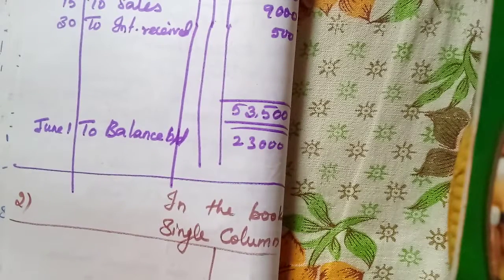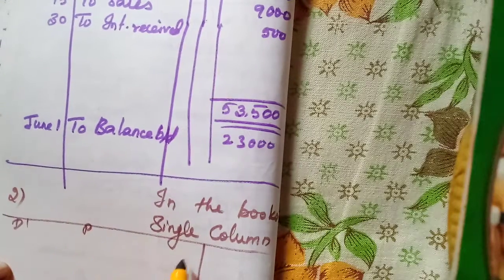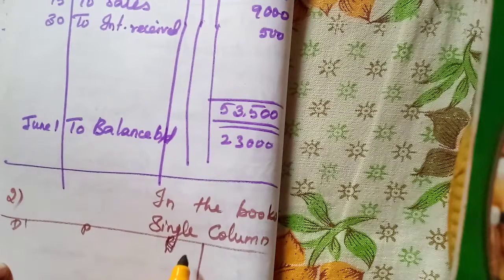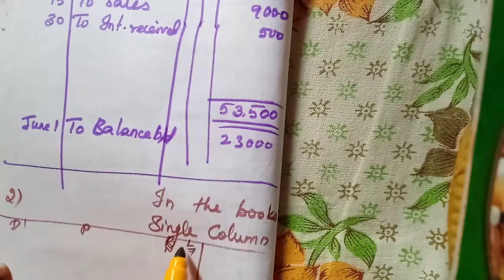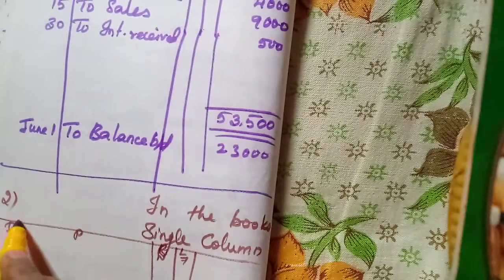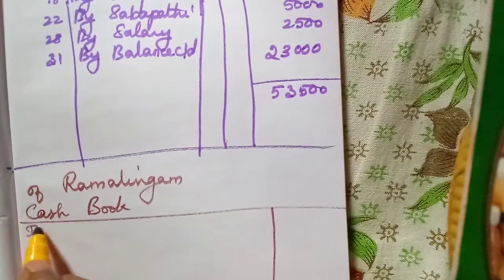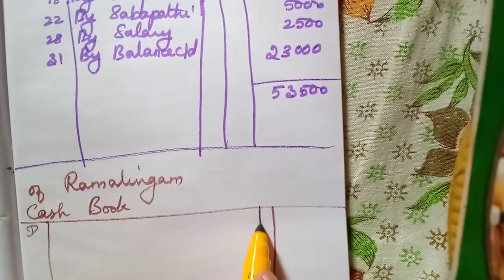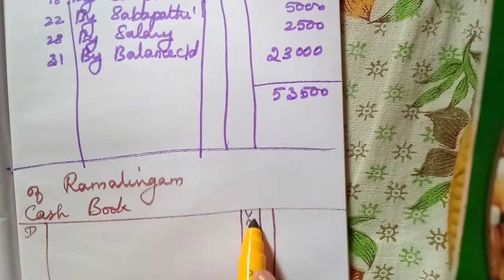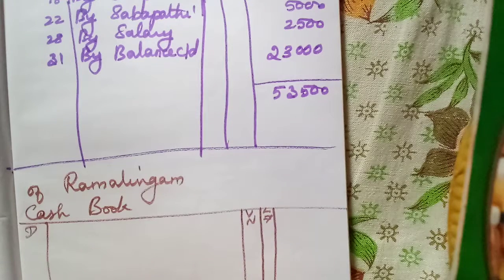Then all the lines we have to draw, isn't it? Date, particulars, then receipt number, then LF. Here also date, particulars, then voucher number, LF. Then two amount columns will be there in your book.